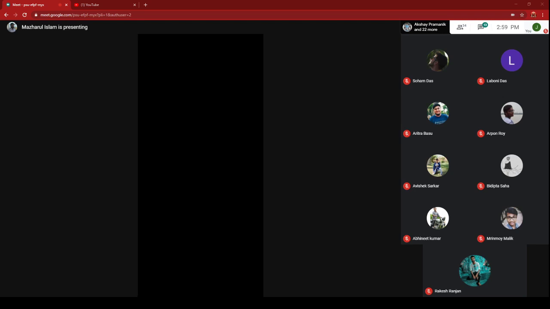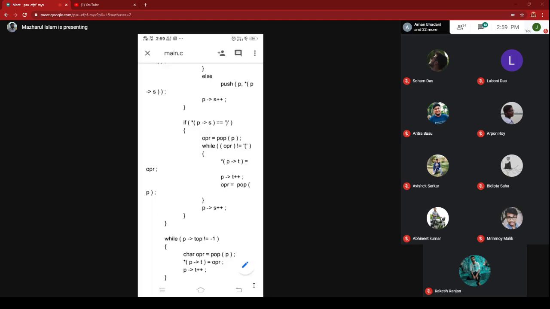So for your next week, if you have lab day or lab schedule, you will write the program for implementation of the stack using array, implementation of the stack using linked list, then infix to postfix expression conversion, one program as pending, and then the evaluation program is pending.